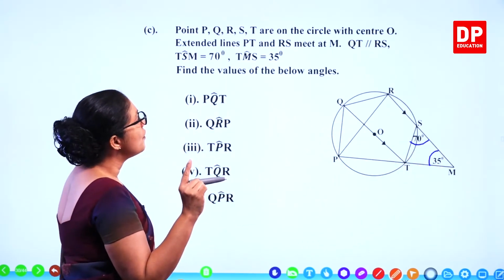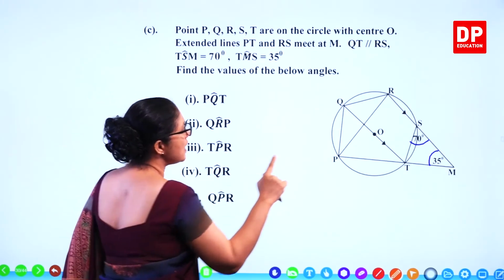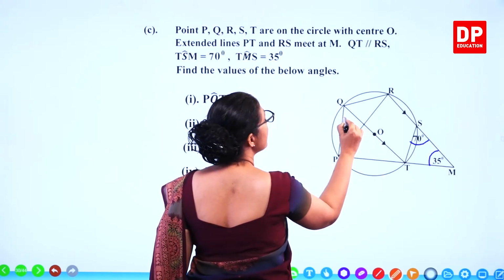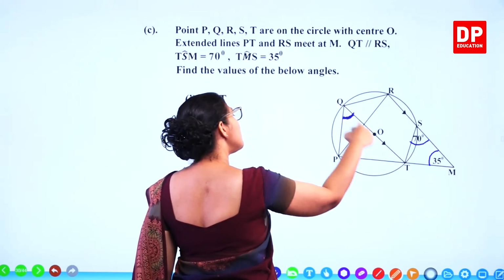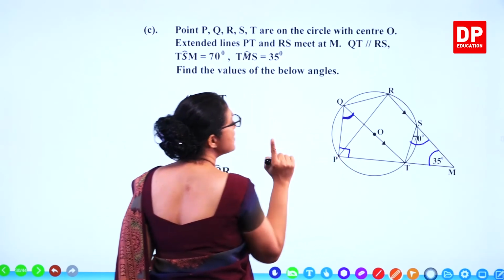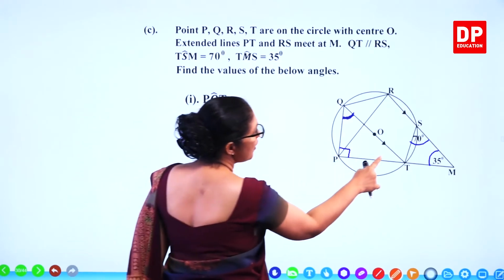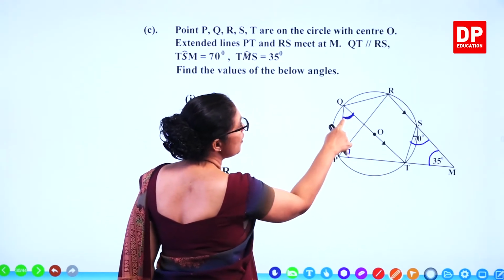Find the values of the below angles. Now we need to find PQT. PQT, this angle. So this is the diameter and we know this is 90 degrees. Semicircle angles are 90 degrees.